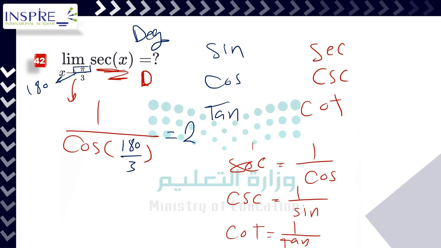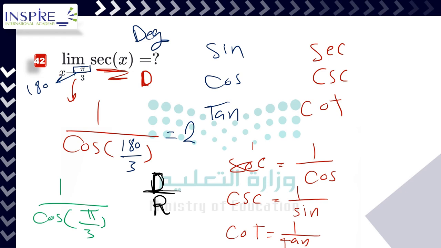Okay, but what about if you want to use pi? I want to use pi. This is 1 over cosine, and my number is pi over 3. What will I do here? Okay, in this case you must change your calculator from degrees to make it radians. This letter D will be changed to R. How do you do it? You will press mode, okay, mode, and then radians. I think you will find it number 4, radians.